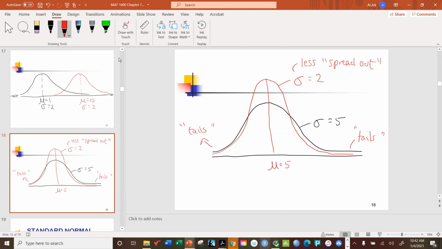So with sigma equals 2, you're more likely to be close to the center or mean with this red curve than with the black curve. The black curve is a little more spread out because it has a higher standard deviation. But they both have the same mean, which indicates that they have the same location. Okay, does that make sense? All right, so this is how we can recognize some of the properties of these curves by looking at their mean and standard deviation.